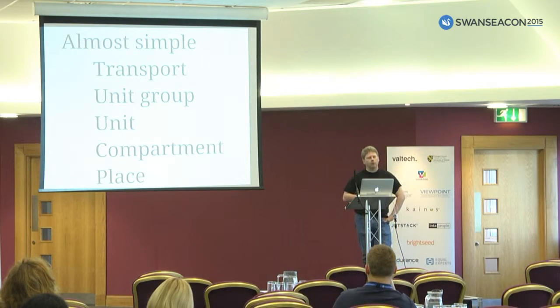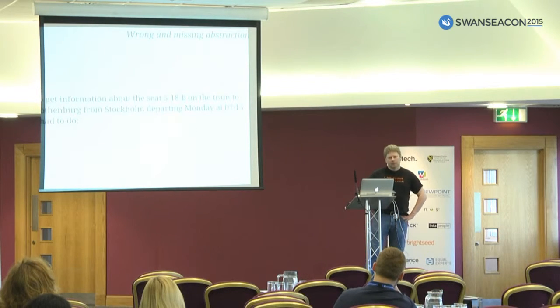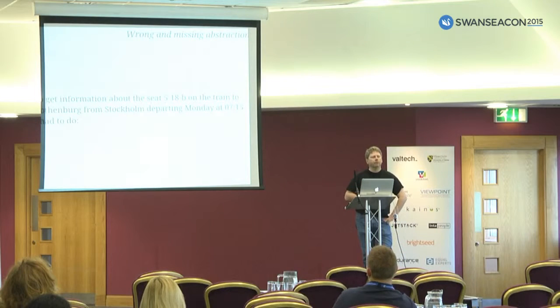And in that you have a compartment, and in that you have a place or a seat. So what was our problem then? Well, we had the wrong abstractions, and we were missing a lot of abstractions. So stuff was tangled. So if I would like to find some information about my favorite seat on the train to Gothenburg, I used to travel to Gothenburg from Stockholm for a year.